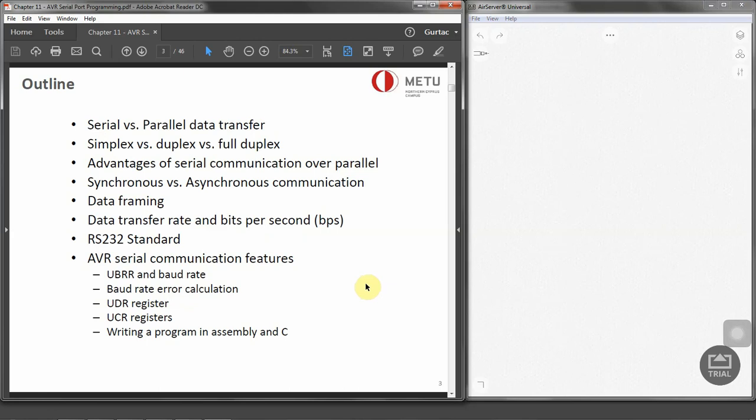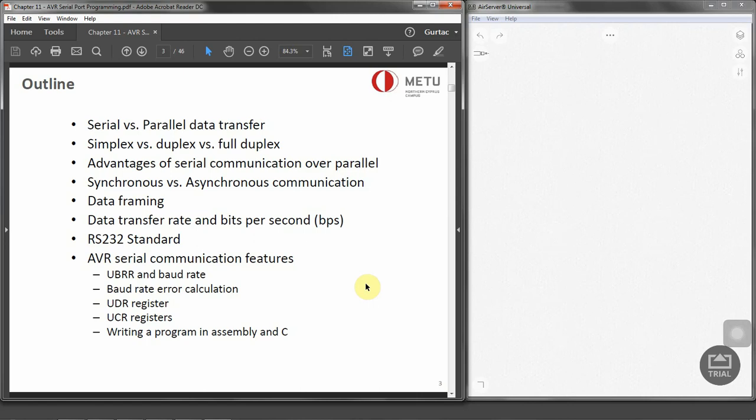In this chapter, we are going to talk about serial versus parallel data transfer, simplex versus half duplex versus full duplex, advantages of serial communication over parallel, and synchronous versus asynchronous communication, what is data framing, the data transfer rate and bits per second, how we calculate it, the RS-232 standards that we are using, and AVR serial communication features, so special registers for these features.